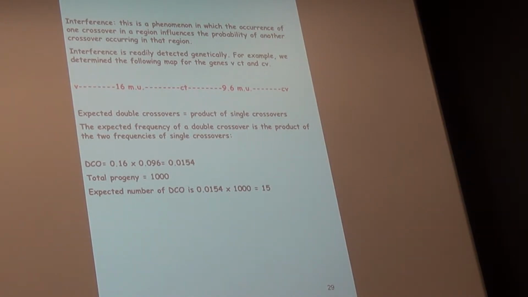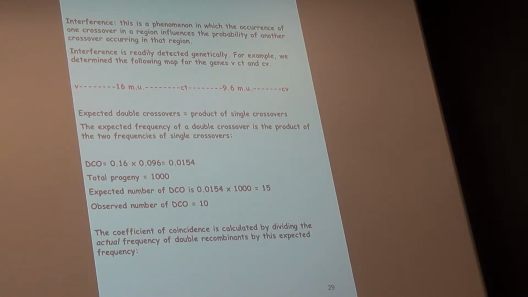What we observed was only 10 double crossovers. This difference is due to interference, recombination interference. And so you can calculate that as a coefficient of coincidence, observed over expected.